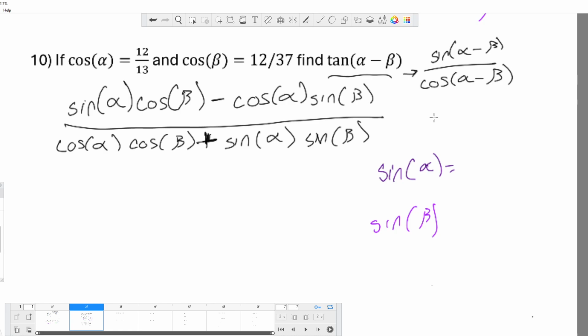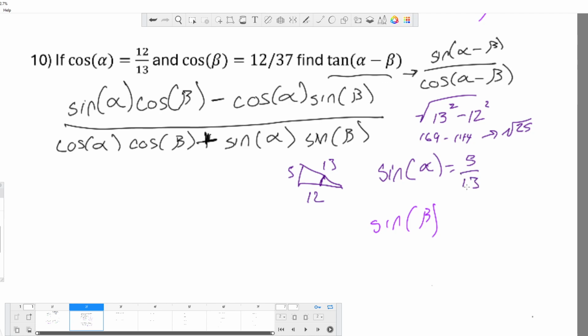So it would be 13 squared minus 12 squared, and we take the square root of that. So 169 minus 144 would be the square root of 25, so we know that the missing side here is 5. If we think about this as a triangle, the hypotenuse was 13, the long side was 12, and this missing side is 5. So sine of that same angle would then be 5 over 13.